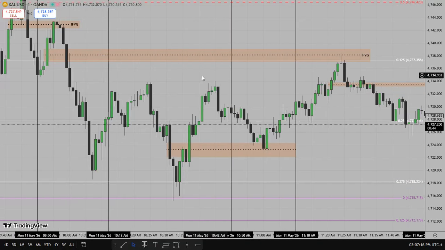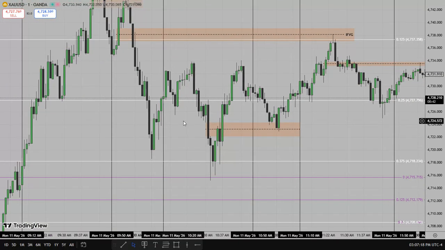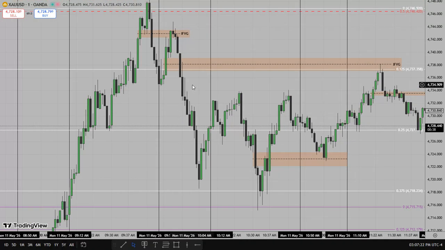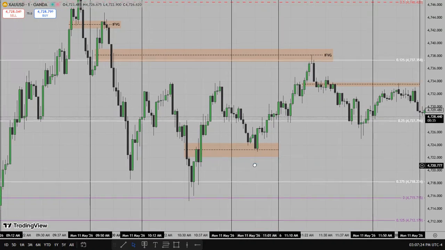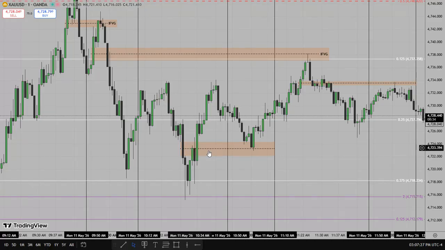I'm also pointing out on this here. This is the third macro, fourth macro. We have this level there. The inversion fair value gap still being used there. That's the concept. We have also the same concept here.